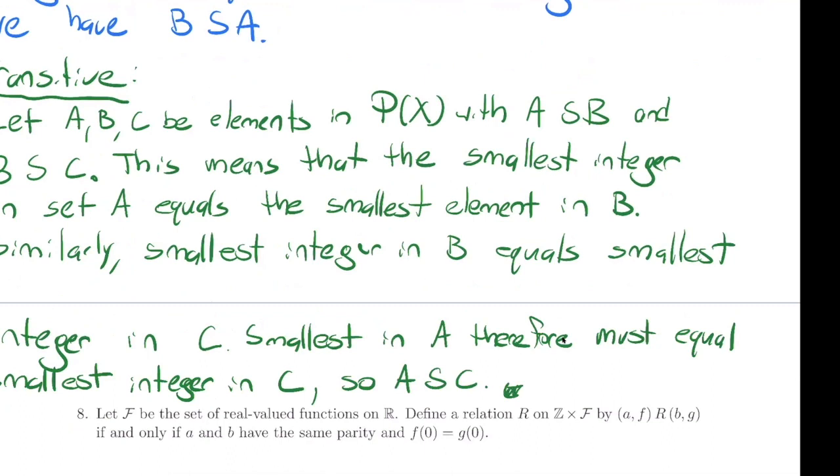And I left out a word here. We need the smallest integer in A equals the smallest integer in C. Any questions?